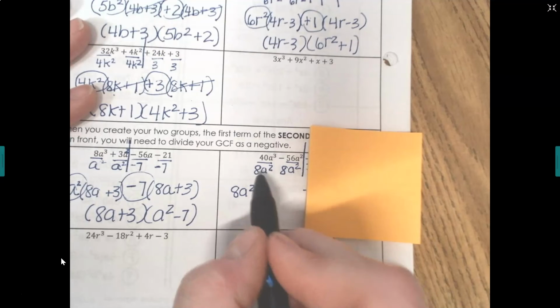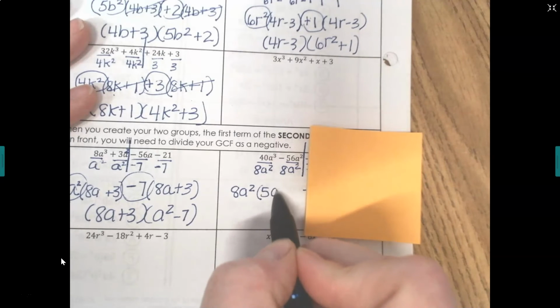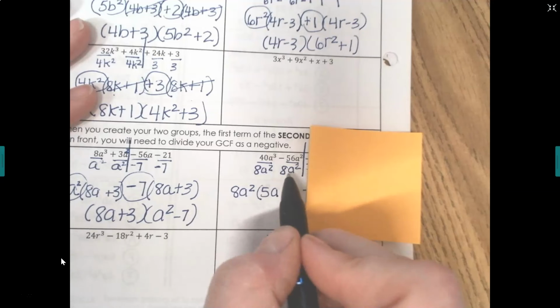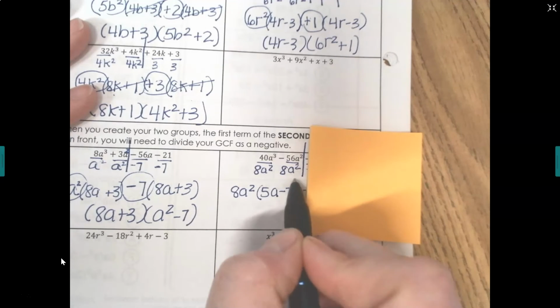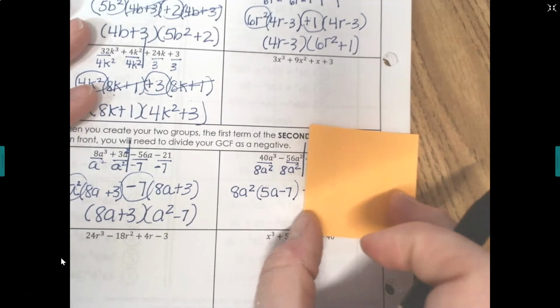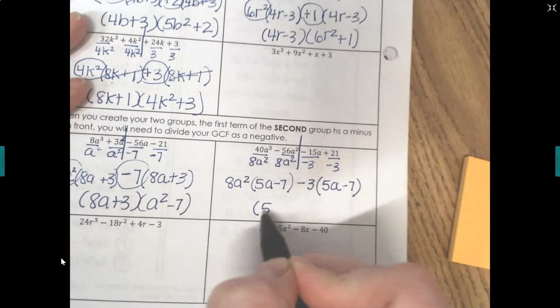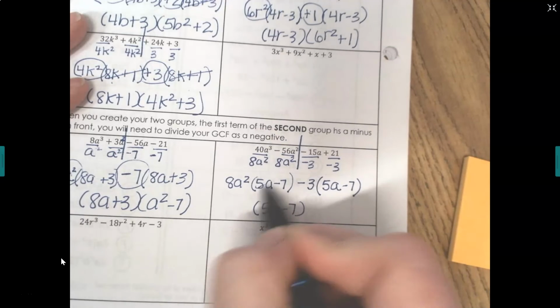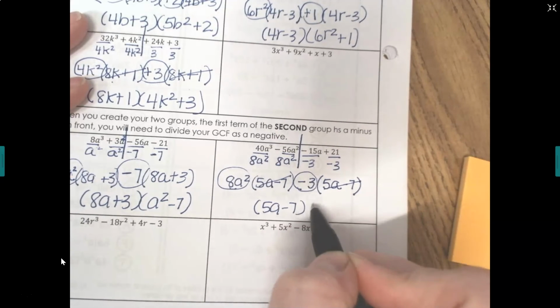When I divide, 40 divided by 8 gives me 5, a cubed divided by a squared leaves an a. Negative 56 divided by 8 is negative 7, and the a squareds cancel. So when I look, I have two 5a minus 7. That's my GCF. When I remove them, what's left over is 8a squared minus 3.